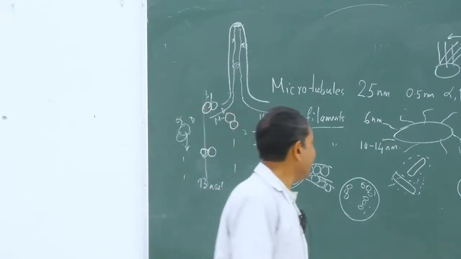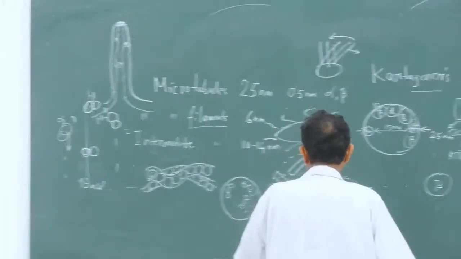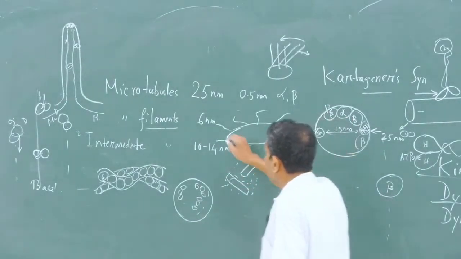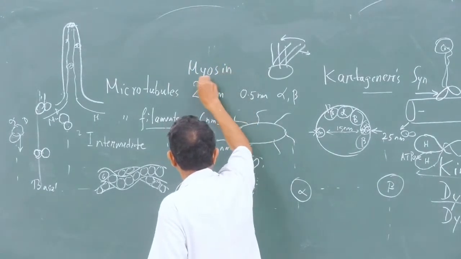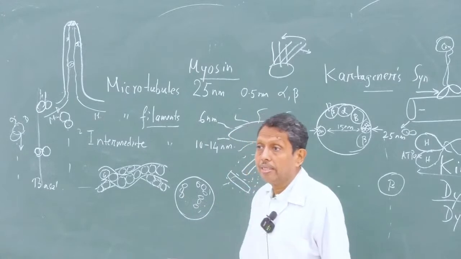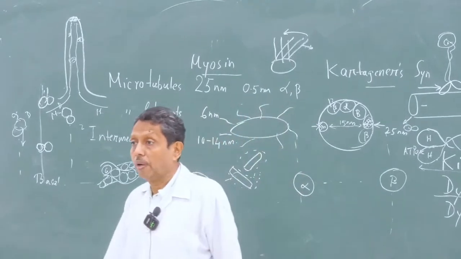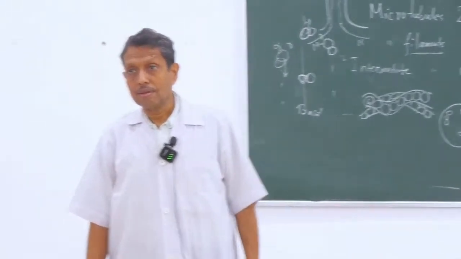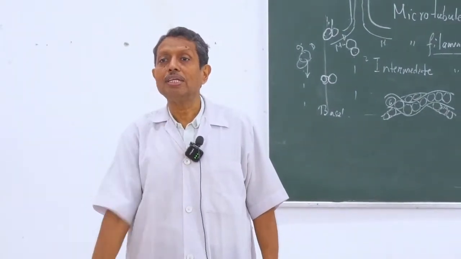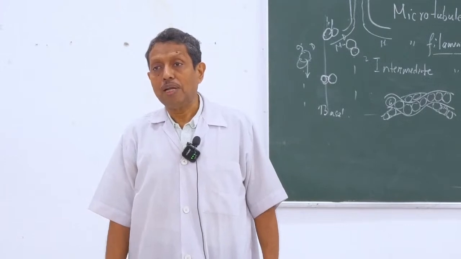And whenever there is actin, its molecular motor is myosin. There are different varieties, 18 or more classes in different textbooks. They have connection with the actin filament.